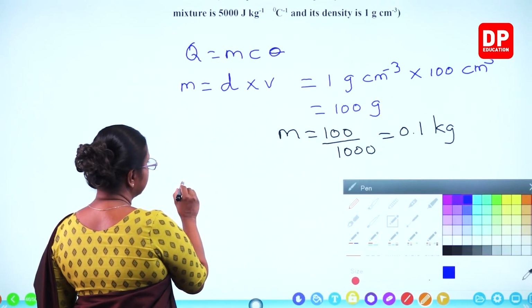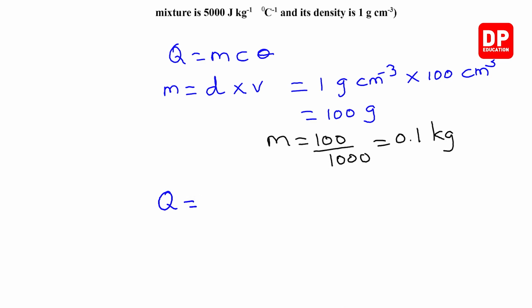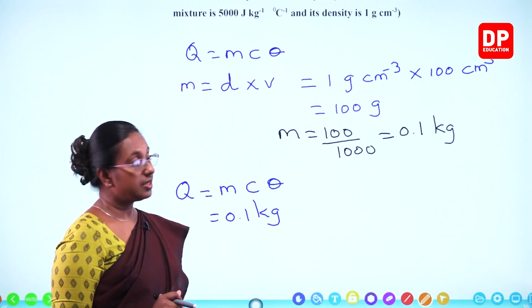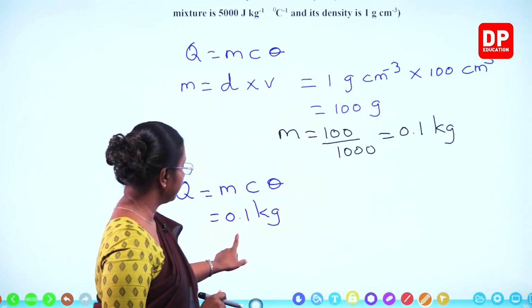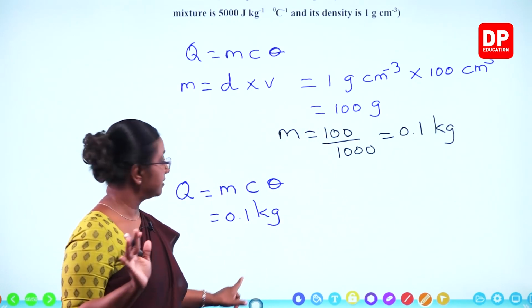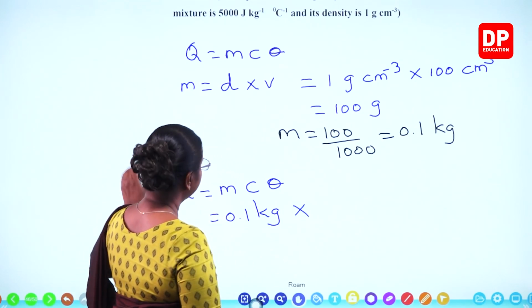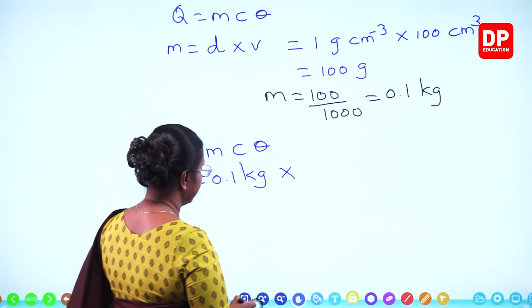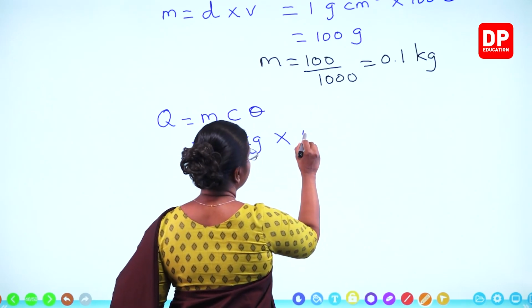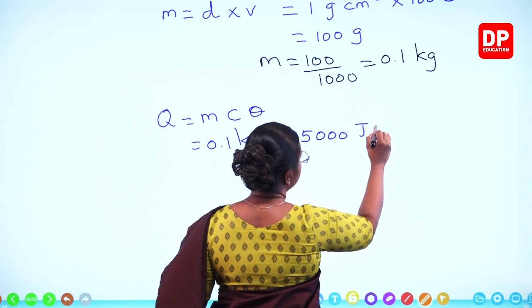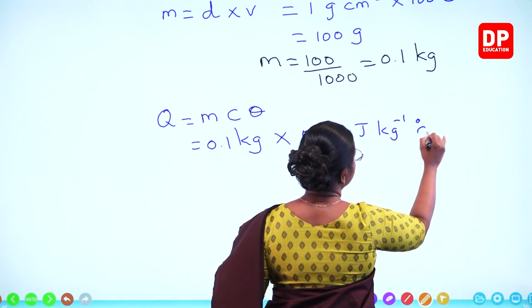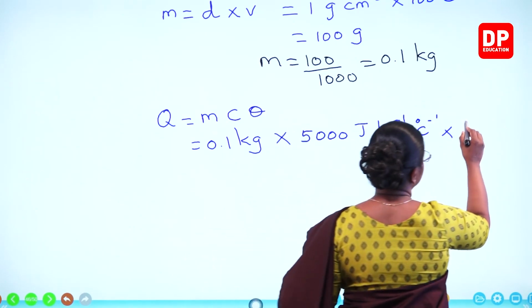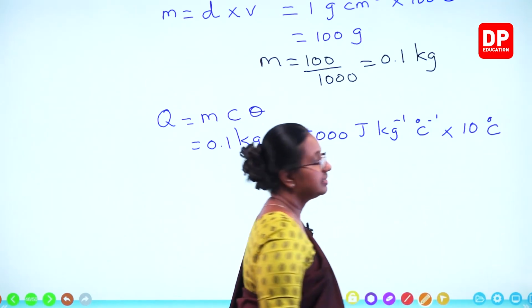So to calculate the heat, Q, that is mc theta. What is m? 0.1 kilogram. You can substitute this, or you can write it as 100 divided by 1000 here. Either way is fine. And what is specific heat capacity? C is given to you, 5000 joule per kilogram per degree Celsius. And the theta was given to us as 10 degrees Celsius.